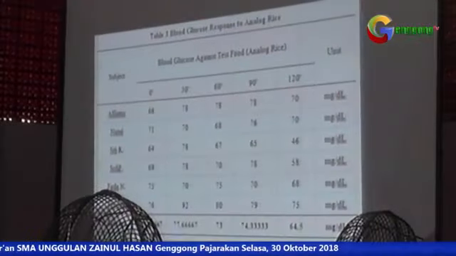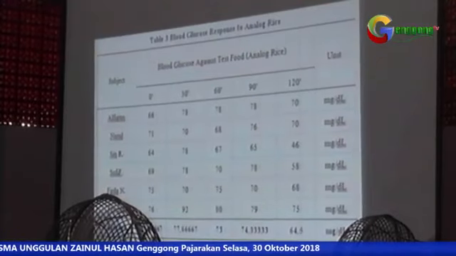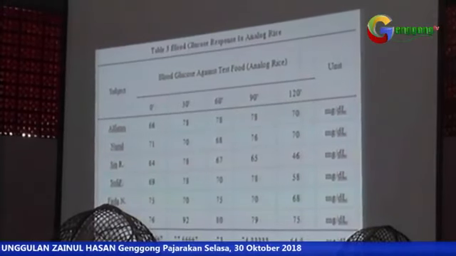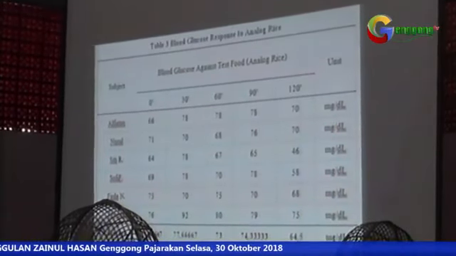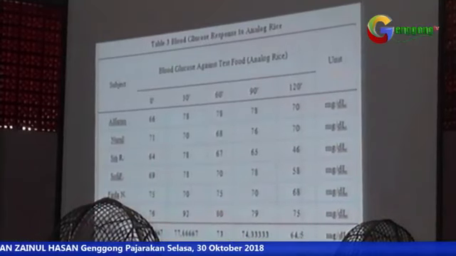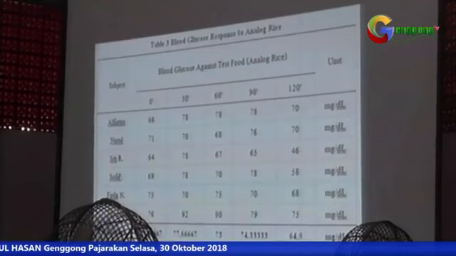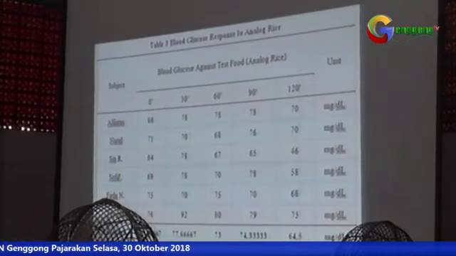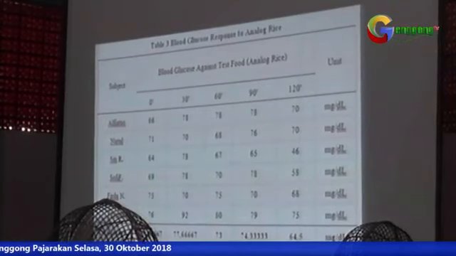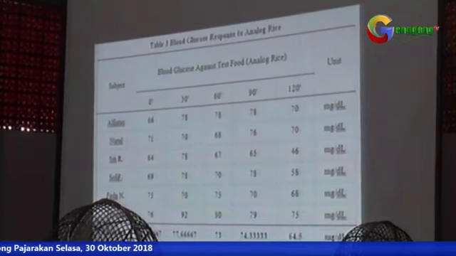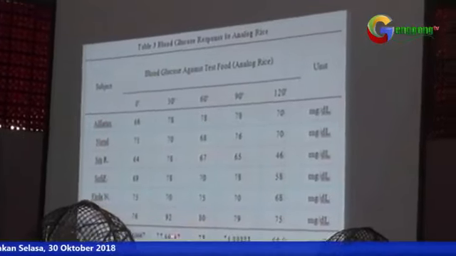In this measurement result, the increase is 17,16 milligrams per milliliter. And the result for the blood glucose response of respondents given the analog rice, we can look at this table. Giving the analog rice increased the blood glucose level from 70,16 milligrams per dl at 0 time to 77,66 milligrams per dl at 30 minutes.